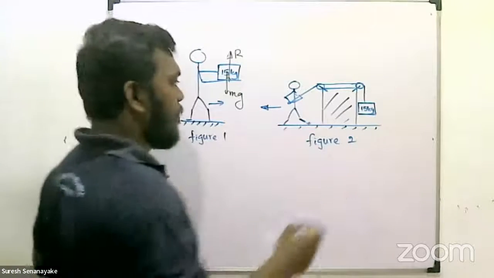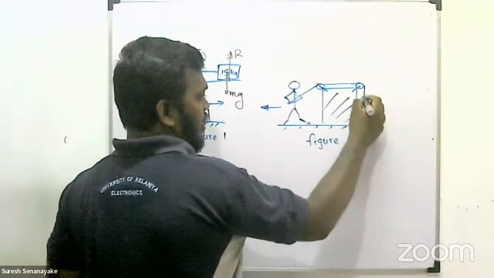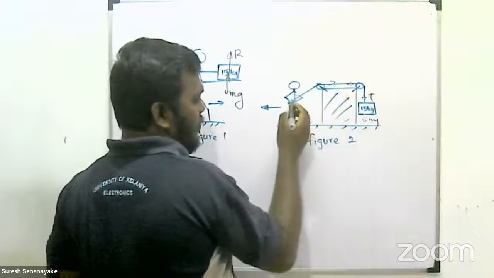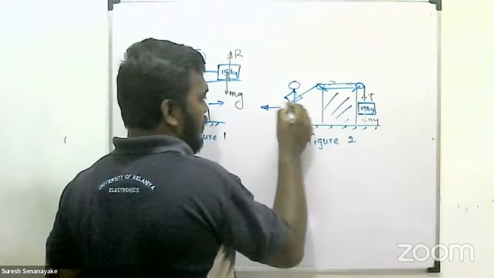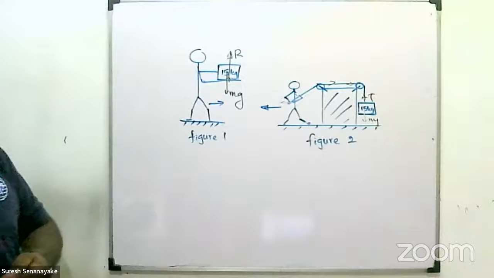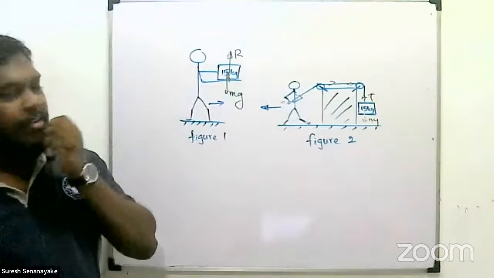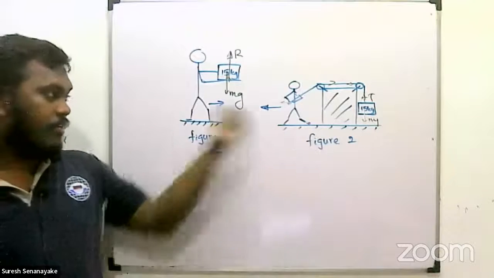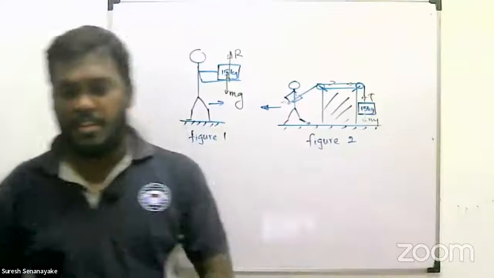But here, to do this work, there is the weight mg and the tension T, and he needs to apply a force. Let's say the force equals the tension applied. Let's say the man pulls the rope horizontally, and the tension equals the weight of this block.